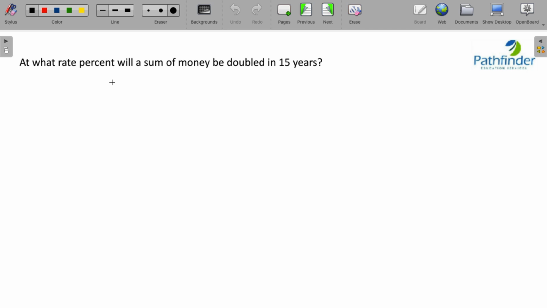Next, at what rate percent will a sum of money be doubled in 15 years? So nothing is given except that time is 15 years. And simple interest, see, when the sum of money is doubled, what does it mean? Amount must be principal plus interest.